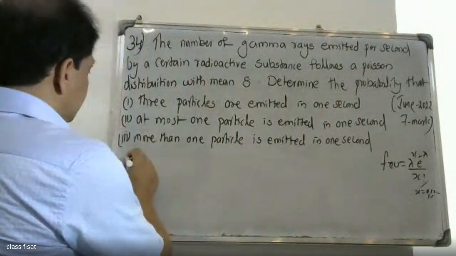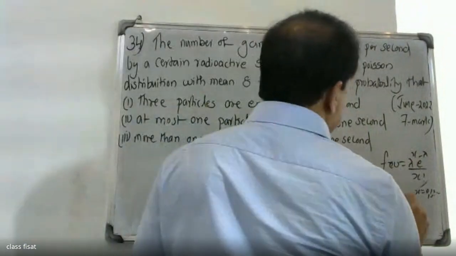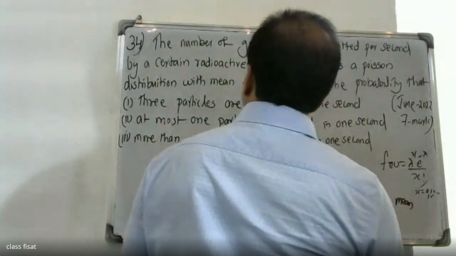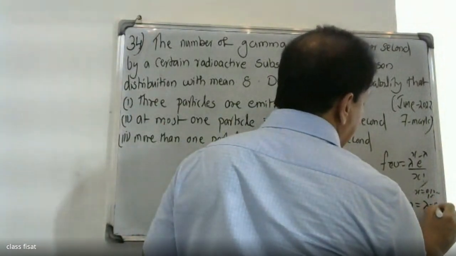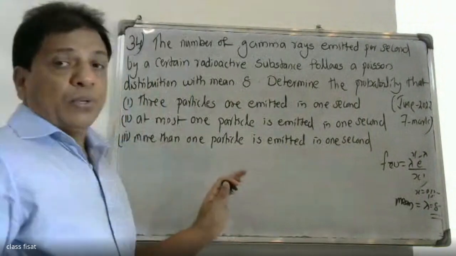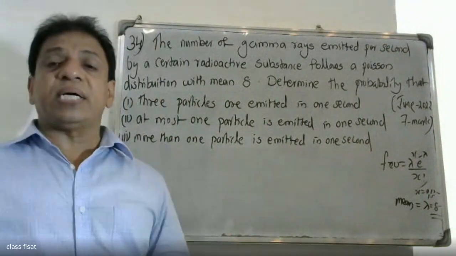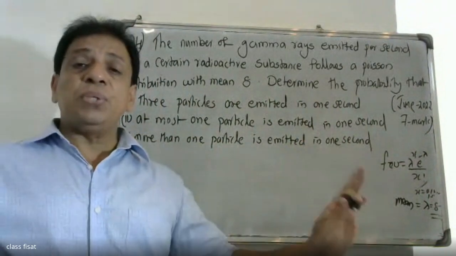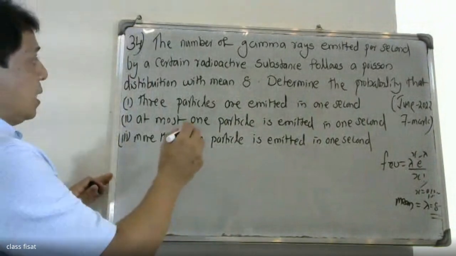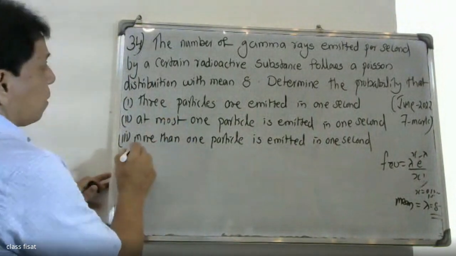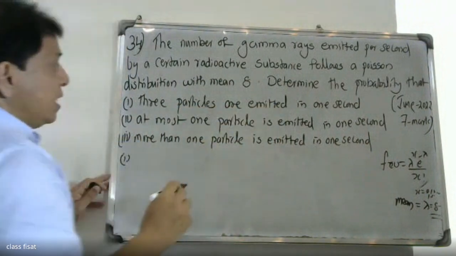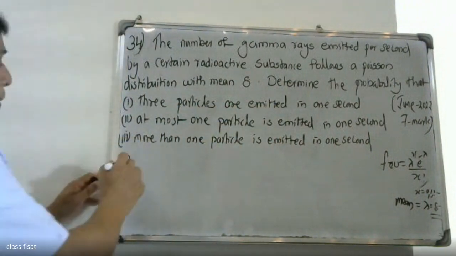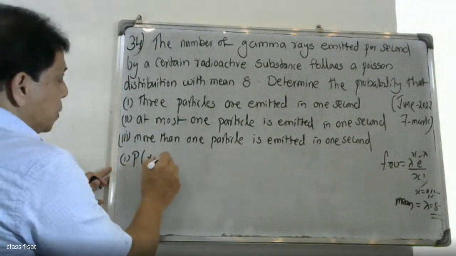In the question, the mean is 8. The mean of a Poisson distribution is lambda, so lambda is 8. The first problem is that 3 particles are emitted in 1 second, so we need the probability that x is equal to 3.